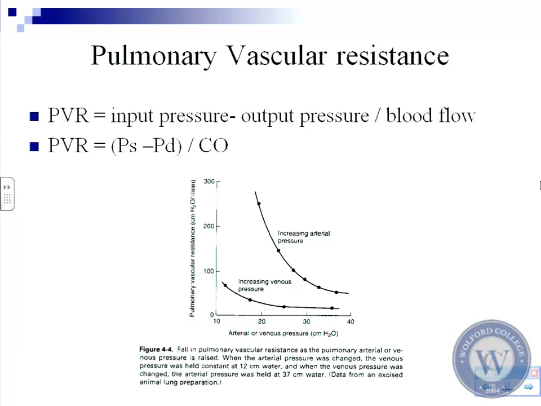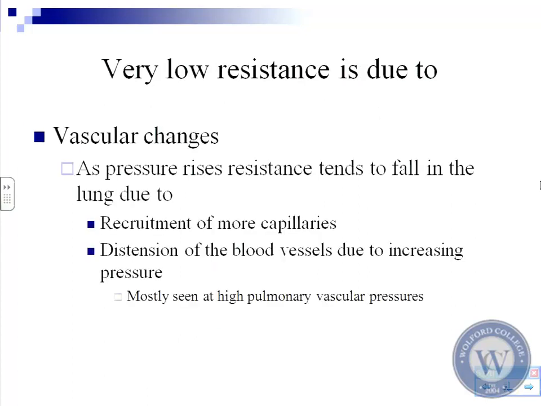Okay? So that's what you tend to see. If you see cardiac output rise, then the PVR, if it's not changing, will tend to go down. Okay? Tend to dilate more most of the time. So you do have different capacities in the lung to increase the cardiac output. Usually resistance doesn't dramatically change as you increase cardiac output.